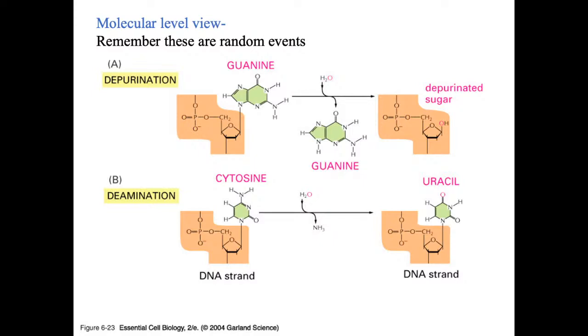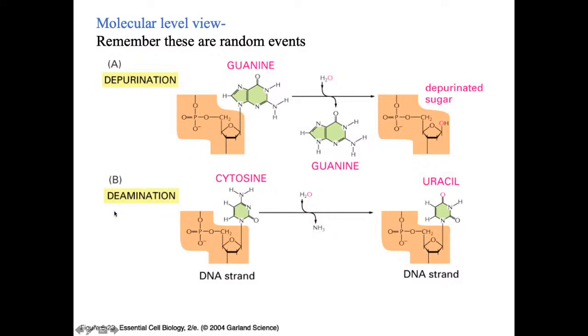So in depurination, in your DNA, your guanine is removed. In depurination, the whole purine is removed, leaving a depurinated sugar.